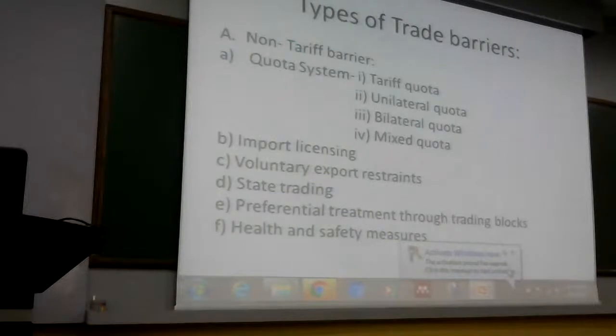You have to understand as a company whether you can go forward with the proportion mentioned in mixed quota, whether it is going to be beneficial for you. If it is not, then you cannot. Generally in mixed quota, the maximum proportion is mentioned from the country where your manufacturing plant is set up, right?